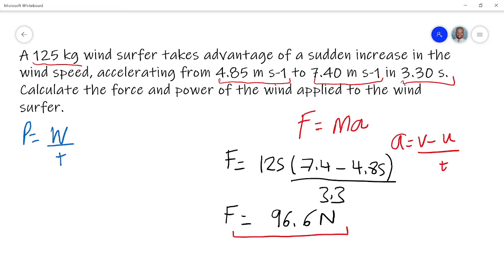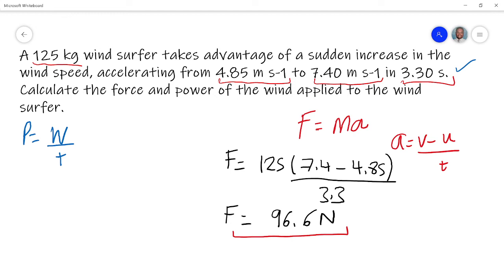Now, if you look at work, we know the formula for work is force times distance. In this question, we can't see distance here. If there was distance, I would have taken the force, which is 96.6, multiplied it by my distance to get my work, and divided it by 3.3. But in that case, that is not there. What we can do is we know very well that work is in joules and so is power.